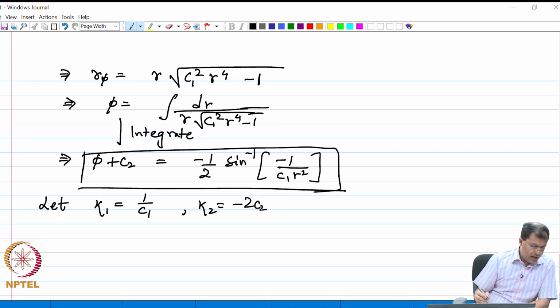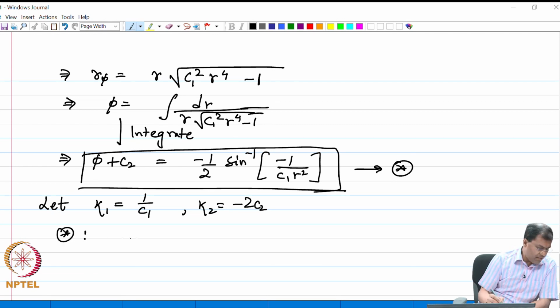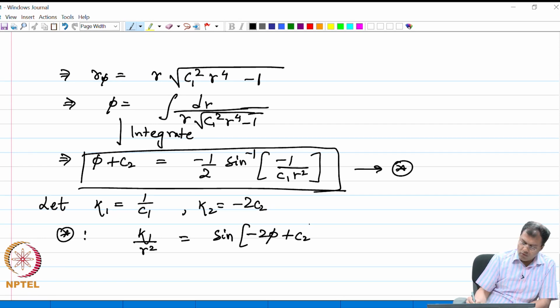So, let me call this star. My star is now given by the following relation: κ1 by r² is equal to sine of negative 2φ plus κ2, right.